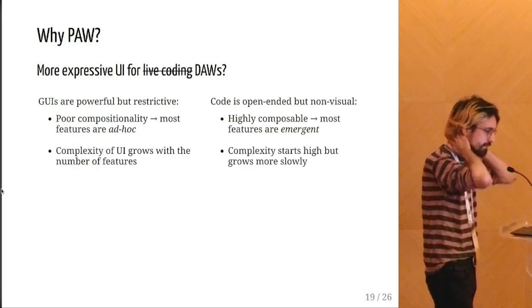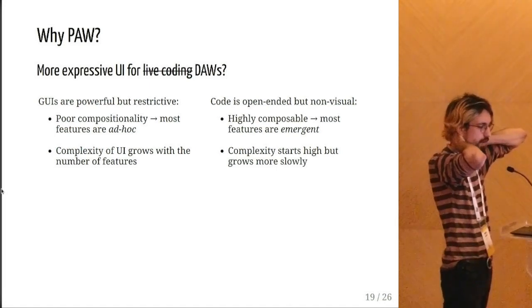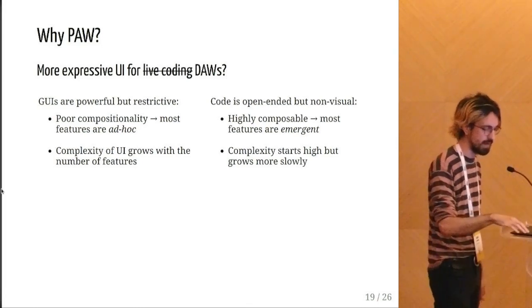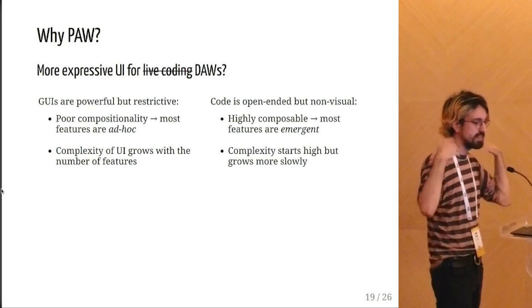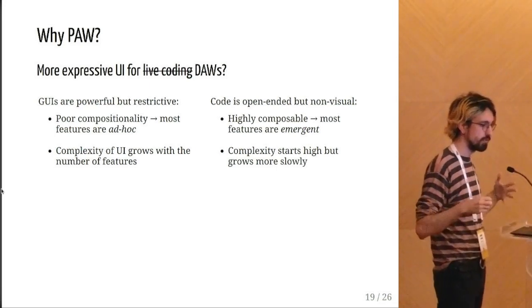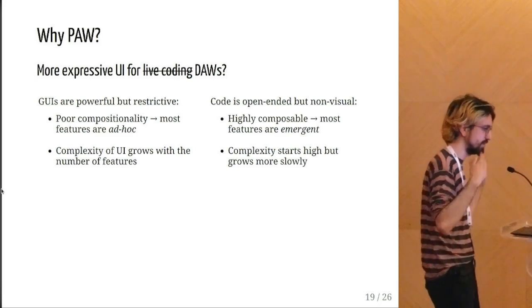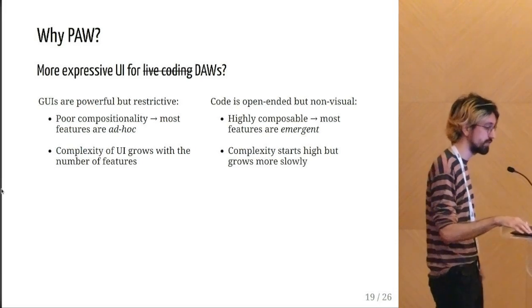A big impact of this is that the complexity of a GUI will grow along with the number of features in my application. What I mean by that is the dev work to implement is going to grow, the maintenance work will grow with the number of features, documentation becomes more complex, and discoverability can become an issue.